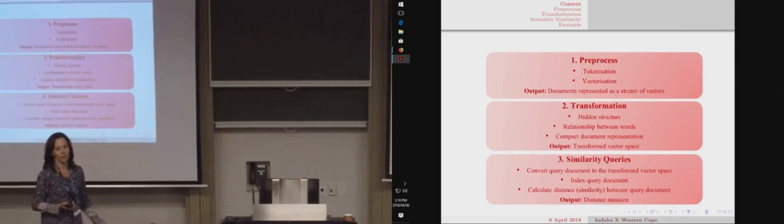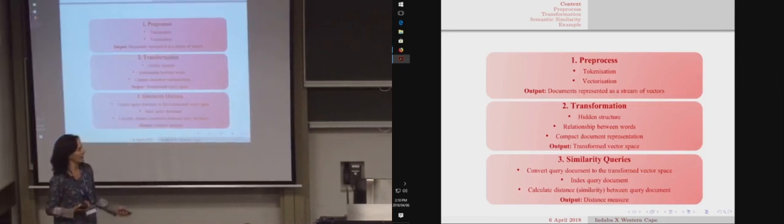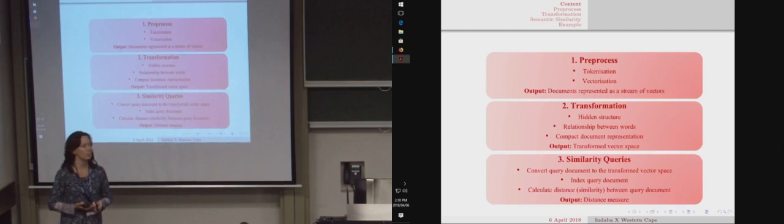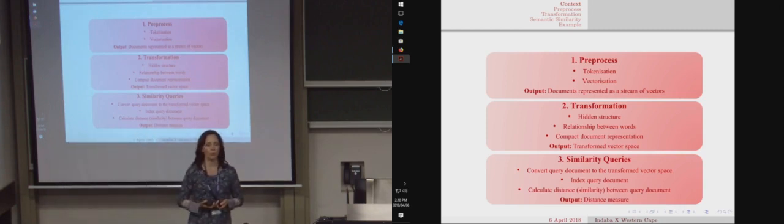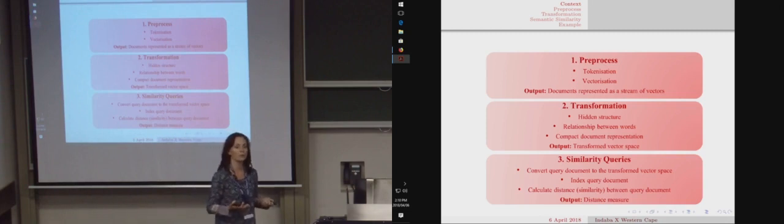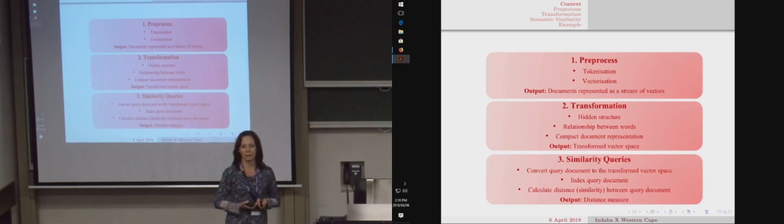So I made this chart for you, and this is what we're going to go through in this presentation. There are 3 phases to what we want to do when we want to understand the semantic similarity. First, we need to do pre-processing of our data, and that is where NLP comes in.